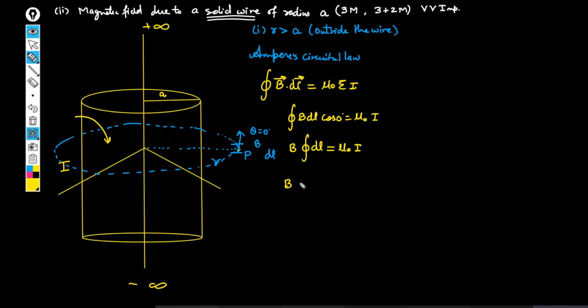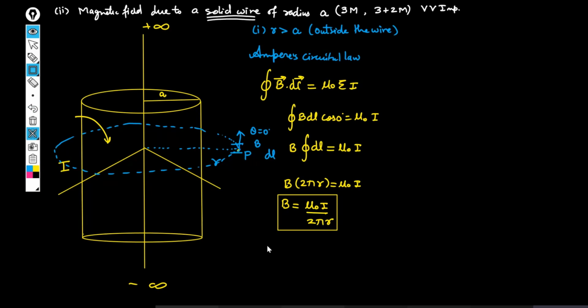Now integration of dl will give us 2 pi r. So the first case is done. The magnetic field outside the wire is mu naught I upon 2 pi r. I hope the first part is clear to everyone. It is similar to the previous one.